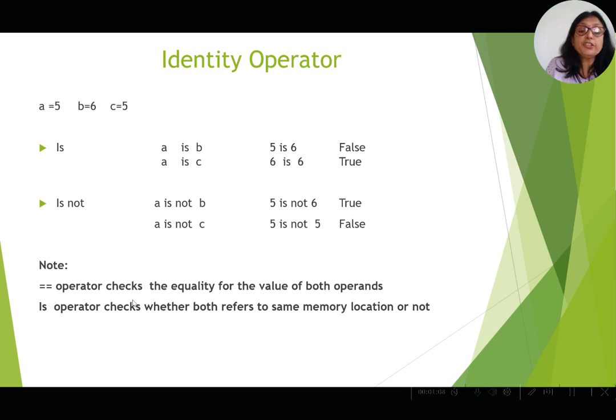Now just see, we will compare the equal to and the is operator. Equal to operator checks the equality of the values of both the operands, whereas is operator checks whether both refer to the same memory location or not. As we learned in the previous lesson, the values are stored in different memory locations and the variable refers to that.